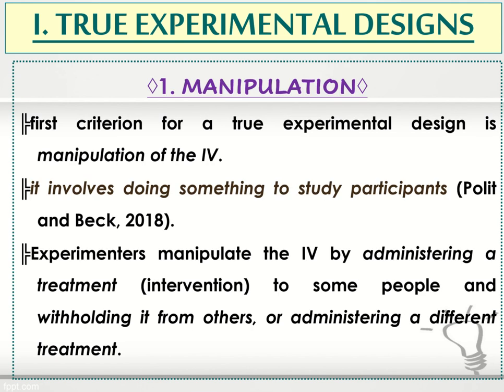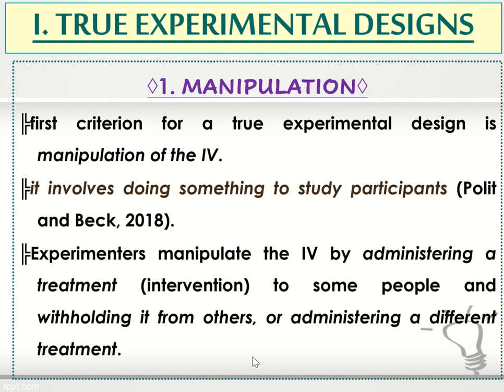So isa-isahin natin. Let's talk about the first criterion, the manipulation or the intervention. So it involves doing something to study participants. Again, pag sinabing manipulation, it involves doing something to the study participants. Experimenters manipulate the independent variable by administering treatment or intervention to some people and withholding it from others, or kaya administering a different treatment.